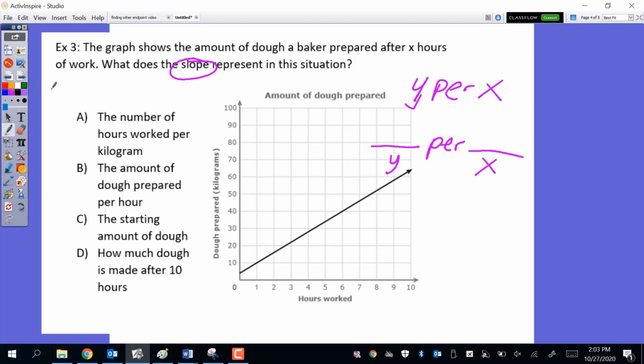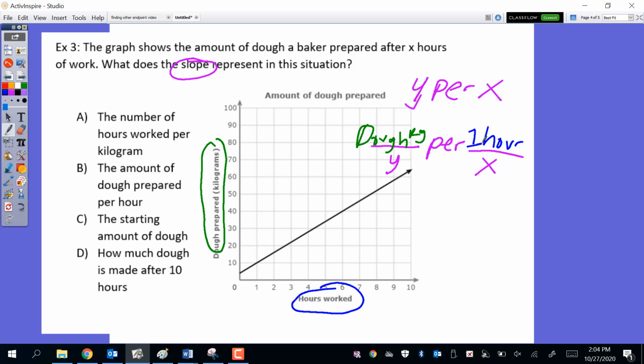Well, what is on my y-axis this time? It's my dough prepared. So I'm going to put dough. And they put a unit on there, which is kgs. So they could say dough or they could say kilograms. Either way, I'm going to put both. For my x, what was on the x-axis was hours worked. And we're talking about per 1 hour, per each hour.